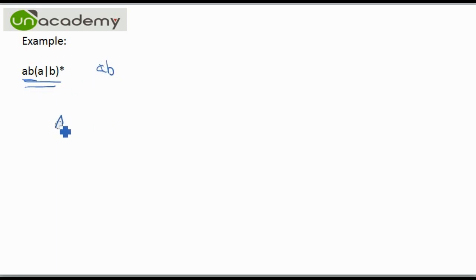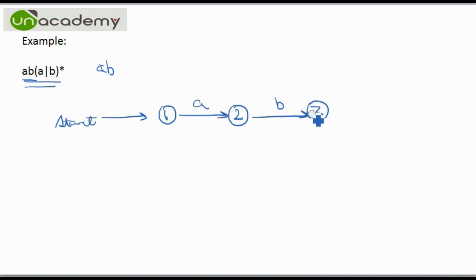So we begin with start, we go to state 1, we have input A, we go to state 2, we have input B, we go to state 3. Now the possible inputs are again A and B, and we can reach states 4 and 5. It might happen that there are no further inputs except for AB, so this is an accepting state.